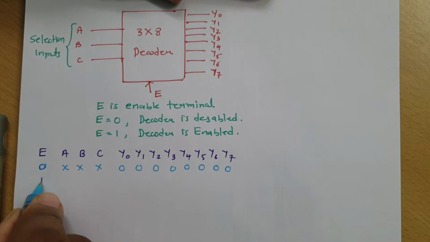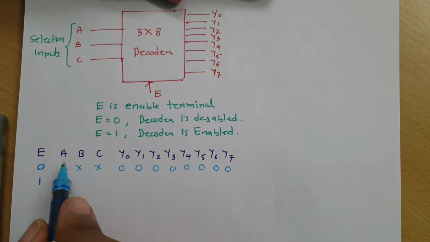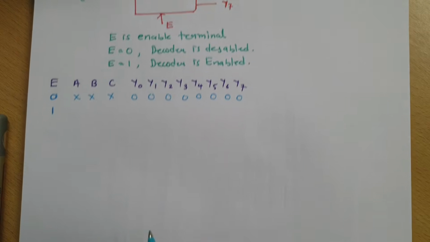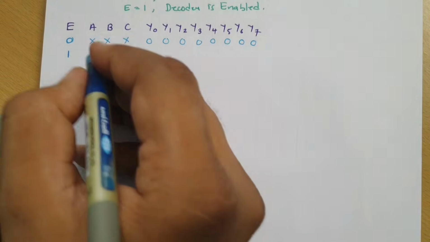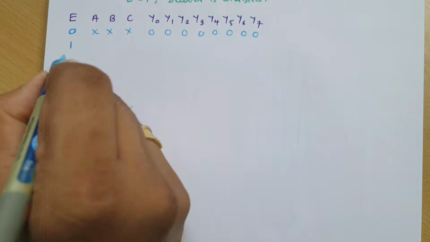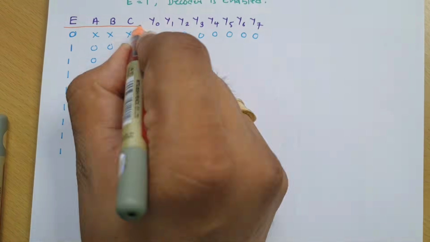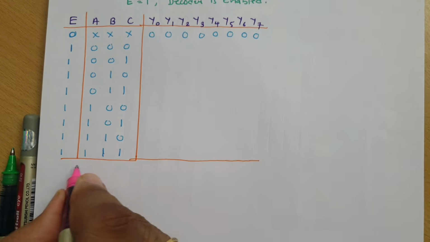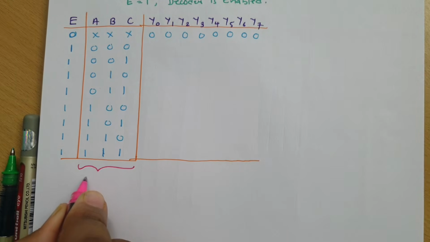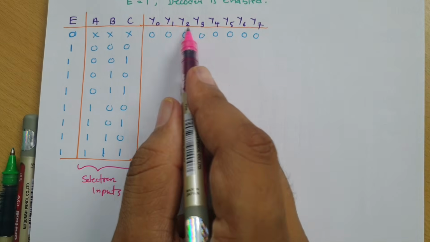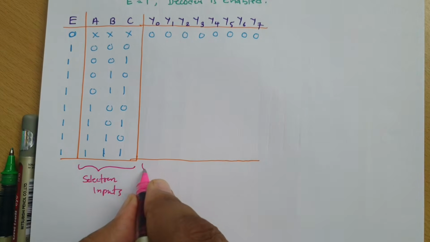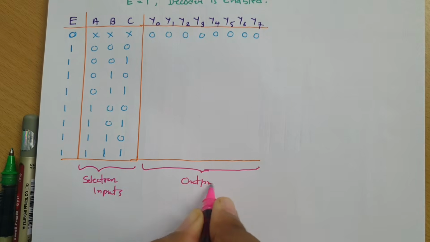But when enable is 1, at that time ABC has a total of 8 combinations. So let me mention all 8 combinations first. Here you can observe ABC, these are our selection inputs, and Y0 to Y7 are my outputs.